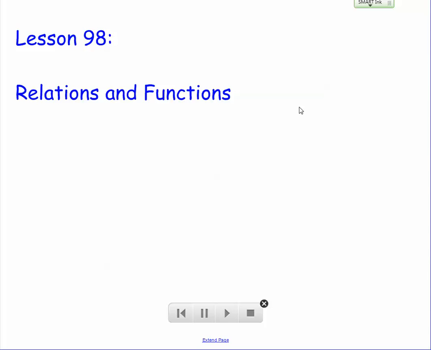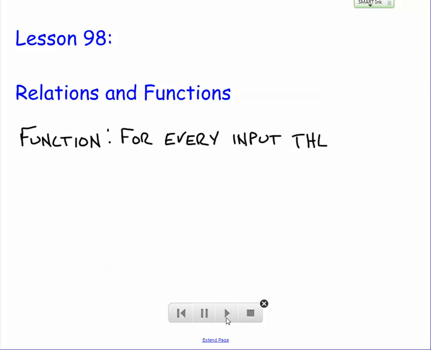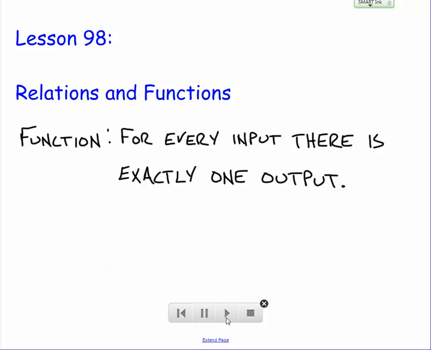All right, in lesson 98, we're going to get into the difference between a relation and a function. Specifically, we'll talk more about functions, but a function is defined as this: for every input of a function, there is exactly one output.